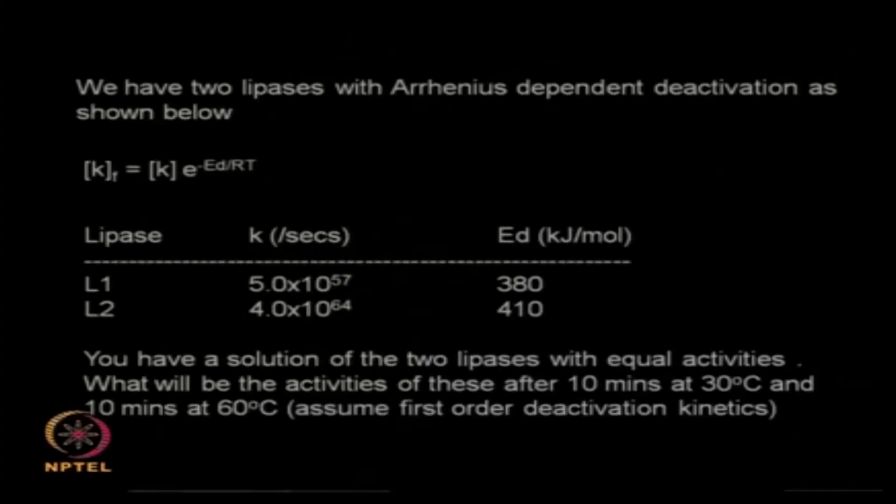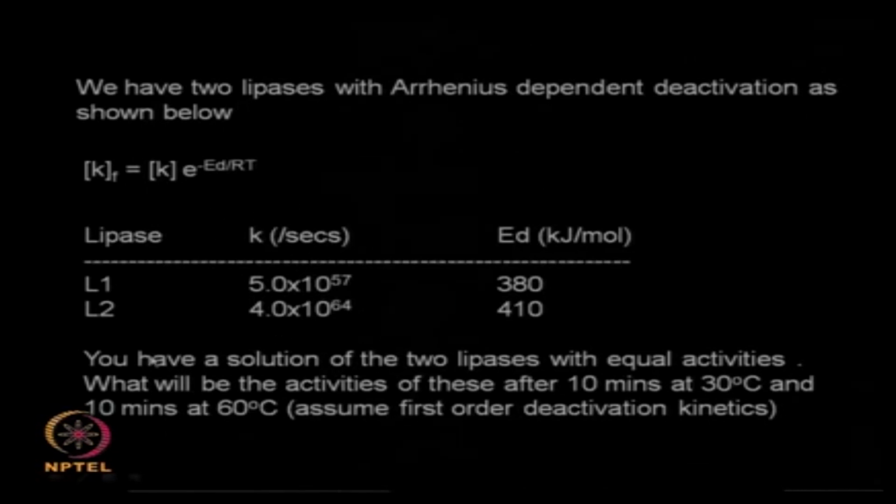So we have 2 lipases and the deactivation activation energies are given like this, Ed in kilojoule per mole: for lipase 1 it is 380, for lipase 2 it is 410. The rate constants are given in per second: 5 into 10 power 57 per second, and 4 into 10 power 64 per second.